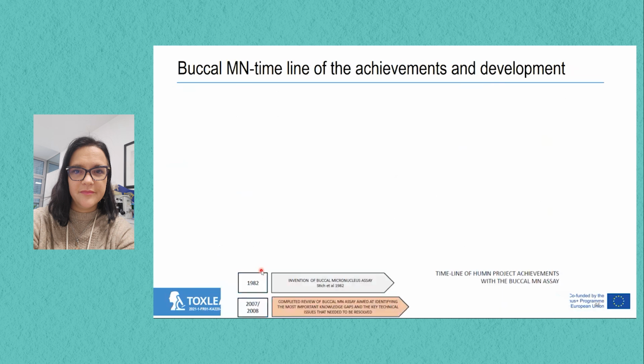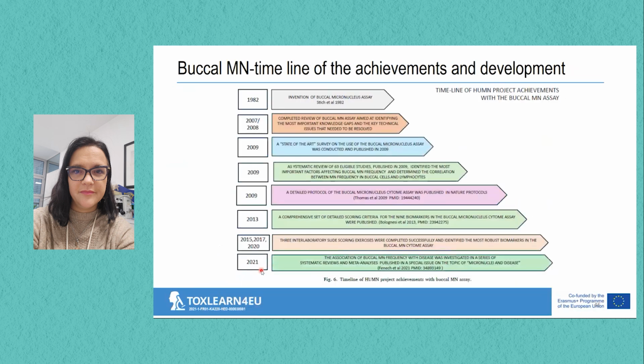So the line of achievement from 1982, when the buccal micronucleus assay was first published and started to be developed, you can see in this timeline. So today, as I have told you, there is a detailed protocol, a comprehensive set of detailed scoring criteria.